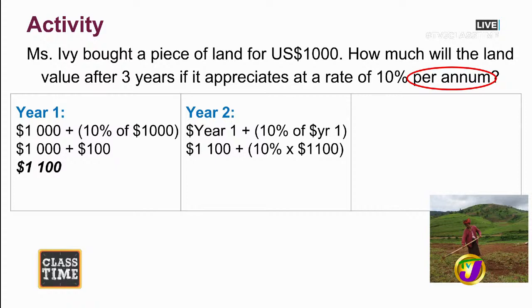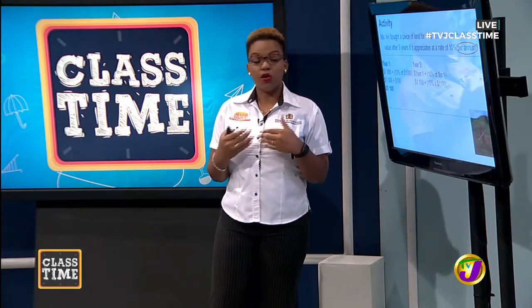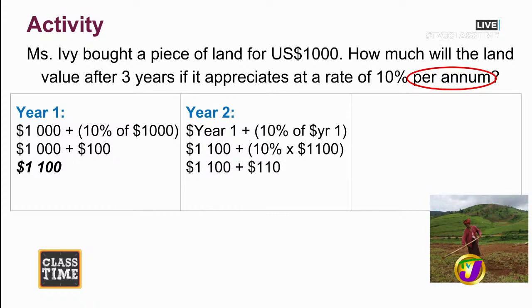So it no longer values $1,000, it now values $1,100, and that is what we are going to use to calculate our value at the end of year 2. When we find 10% of 1,100, that will give us $110. And so at the end of year 2, the land now values $1,210. Look at that. Can you see that increase taking place, Latoya?